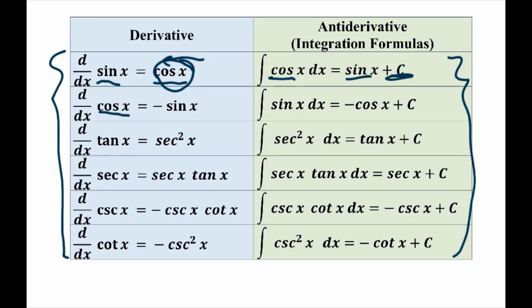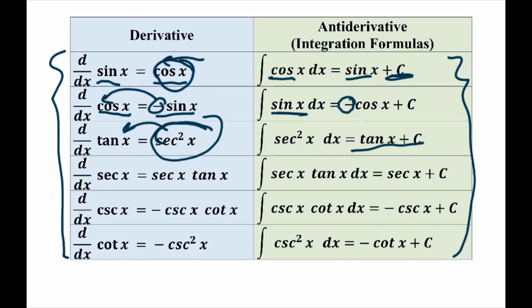If the derivative of cosine is negative sine, then the integration of sine, missing the negative, comes here: negative cosine. The integration of secant squared will be the tangent plus constant. The integration of secant tangent will be secant plus constant.